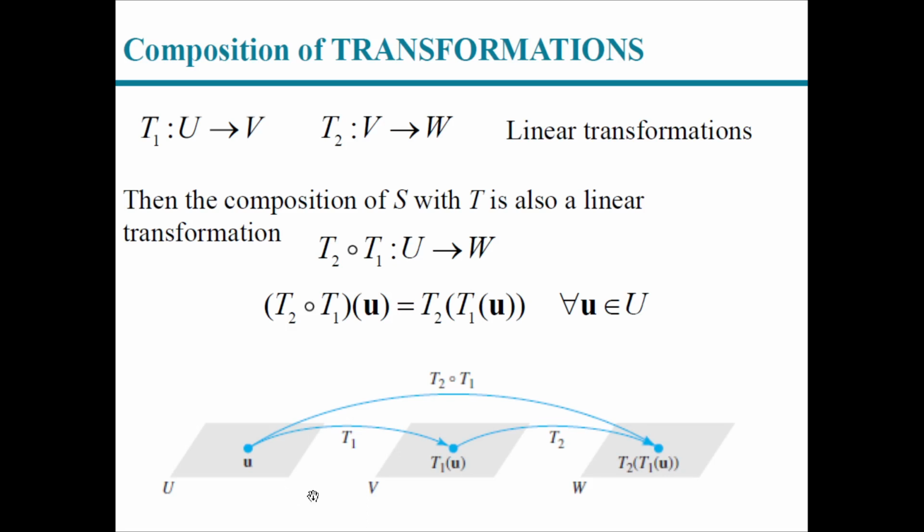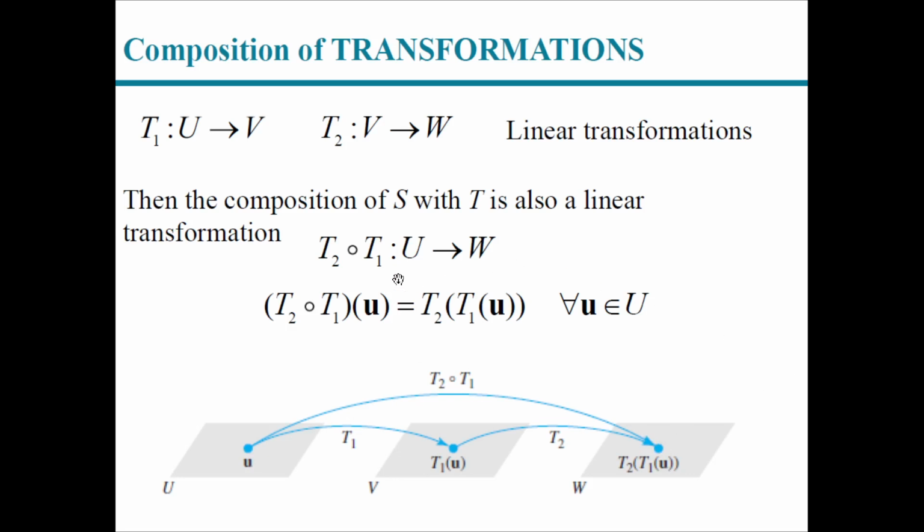So graphic illustration here of what's going on. We take a vector from U and then we apply T1 and we get an image, and then to the image we apply T2, so we get the image in the W. So you take one bus and then you take another bus. And the composition is this transformation here that does the job immediately. No intermediate steps, it just does everything at once.